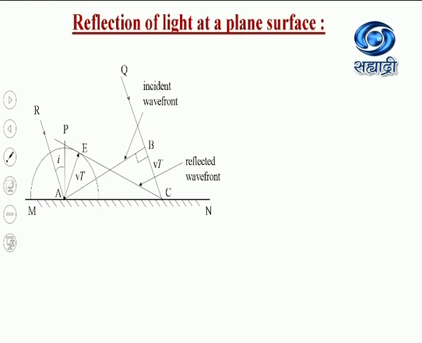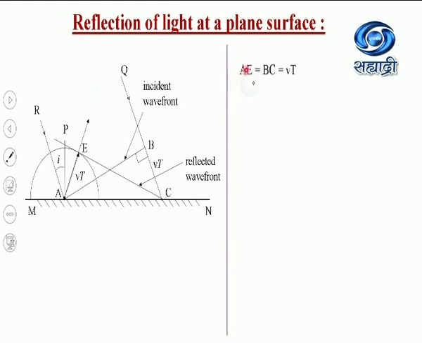But the direction of propagation of light is always perpendicular to the wavefront. So if we draw a perpendicular to this reflected wavefront CE, we get the direction of propagation of light, which is the ray of light, AE. So RA is the incident ray of light which gets reflected along AE.